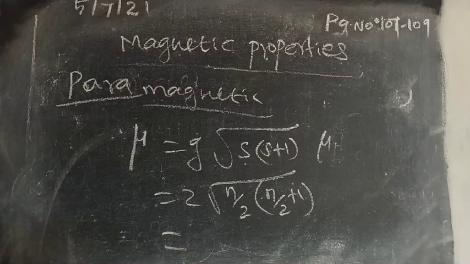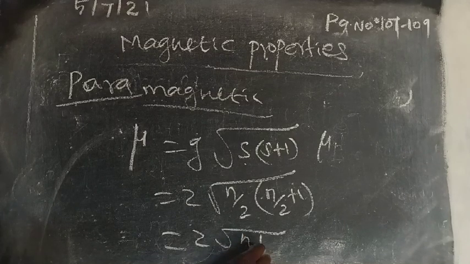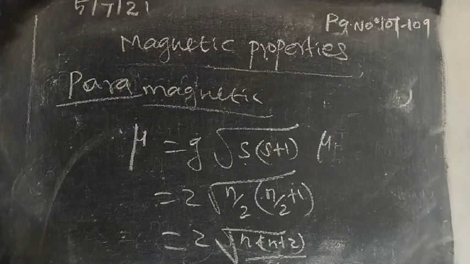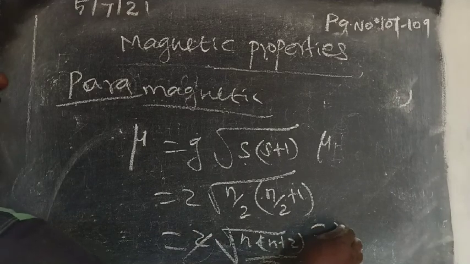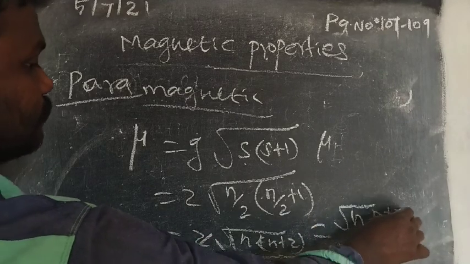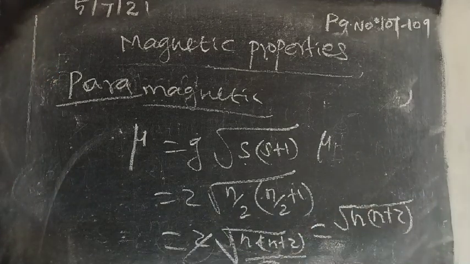If you simplify, 2 root of n into n plus 2 divided by 4. Taking out the 4, we can cancel 2, and the remaining is root of n into n plus 2. So this is the spin-only formula to measure magnetic moment values for a paramagnetic substance.